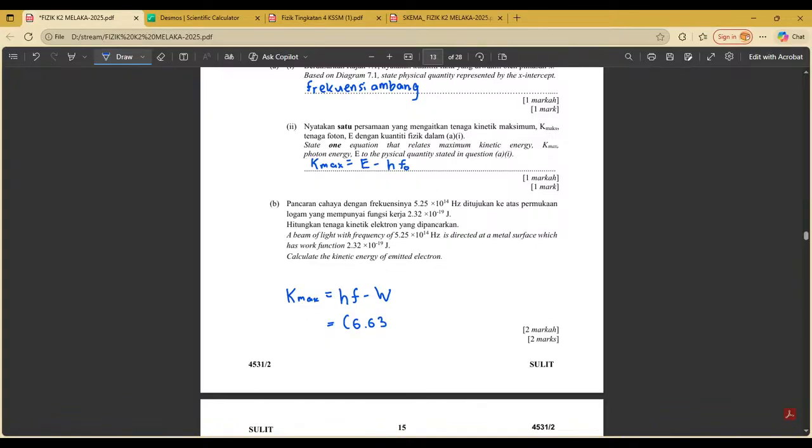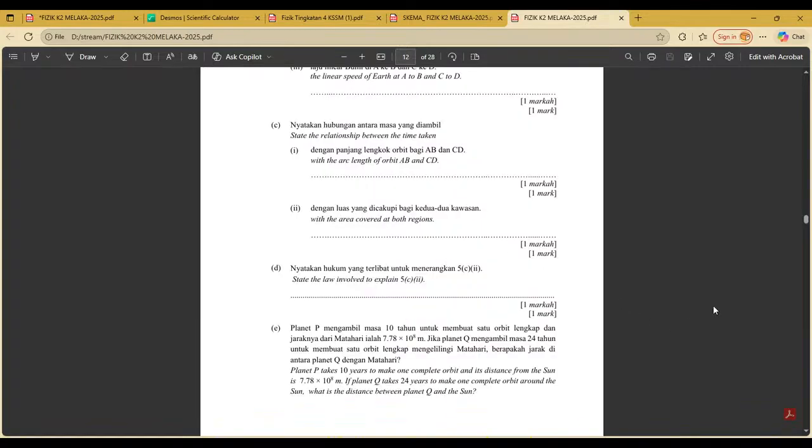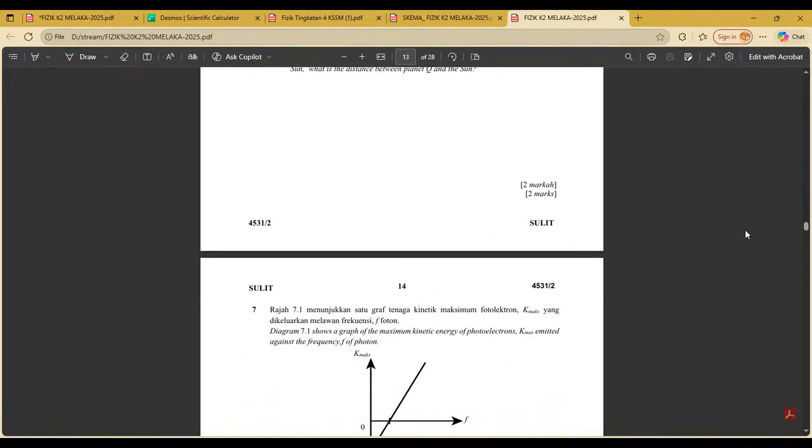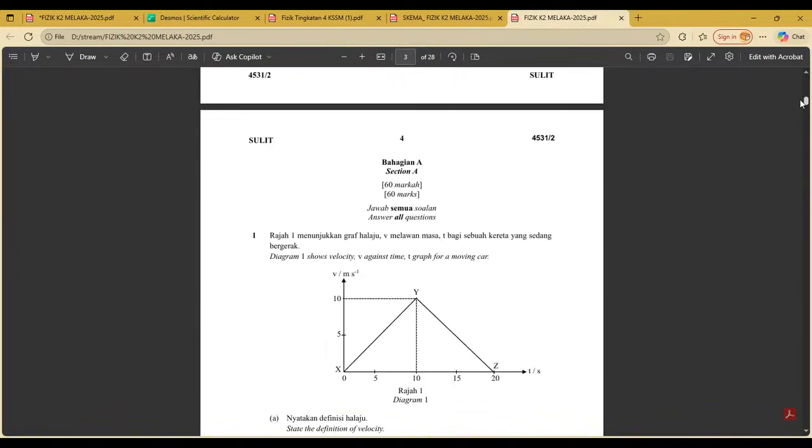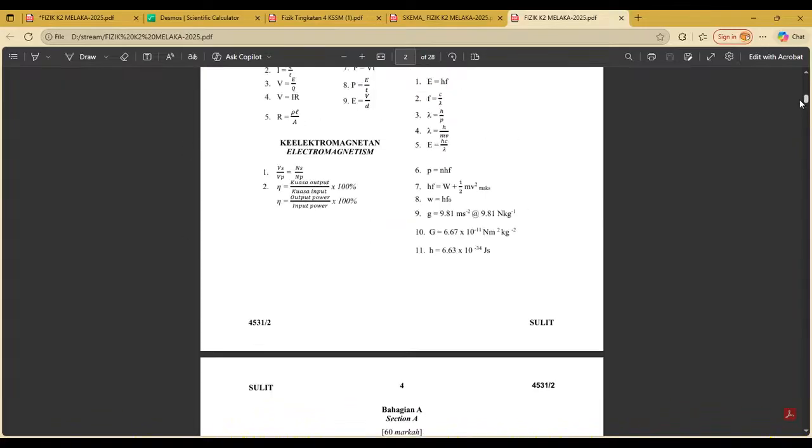I forgot the constant value. Wait, 6.63 times 10 to the negative 34.